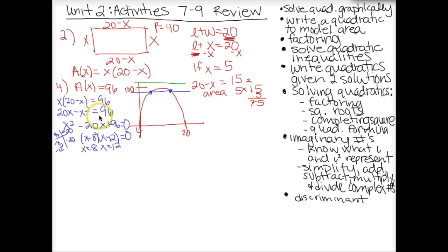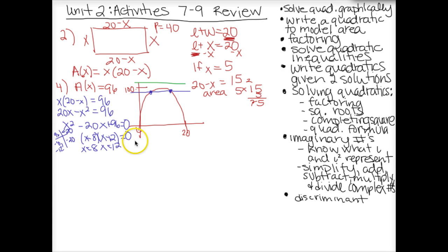Now, the way that you demonstrate that it's not possible is when you get your solutions, they have i's in them. So you do need to actually solve it if you want to show the i's, or you could also use the last thing that we learned in this particular half of the unit and use the discriminant. If you show that the discriminant is negative, then that means you have shown algebraically that the solutions are imaginary.